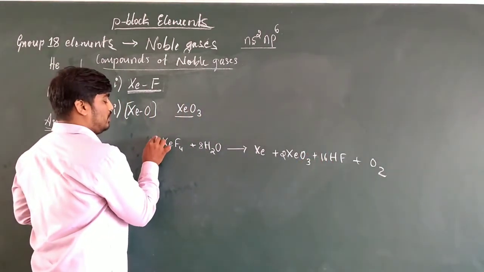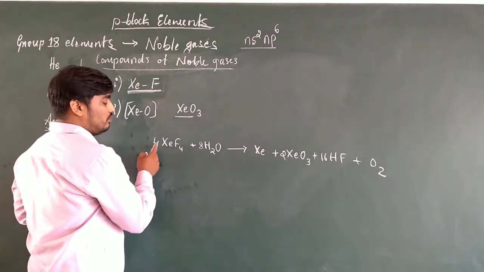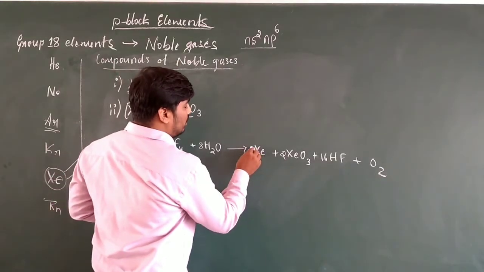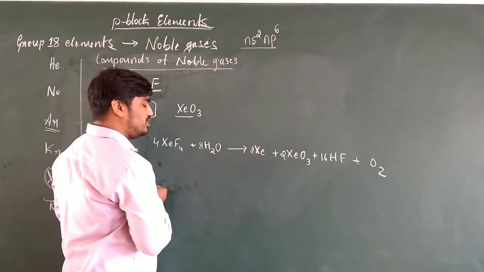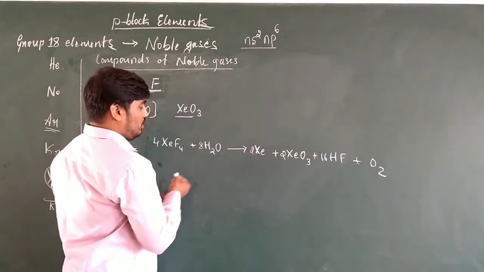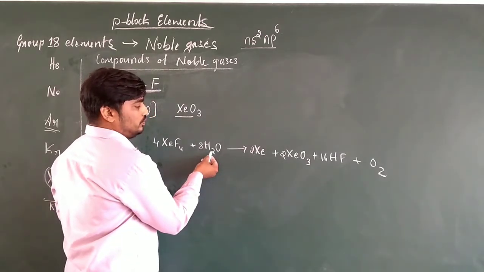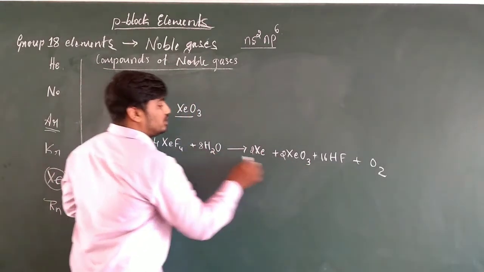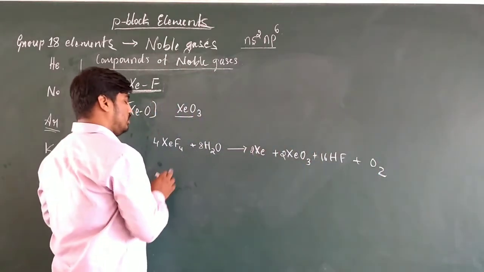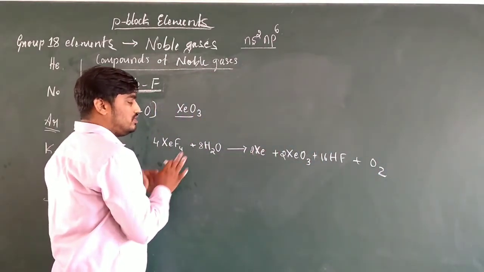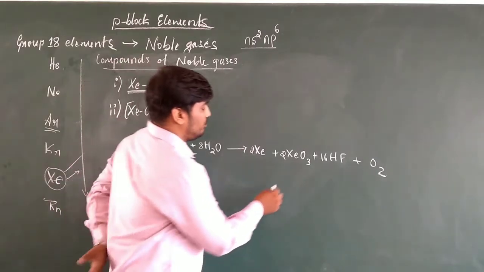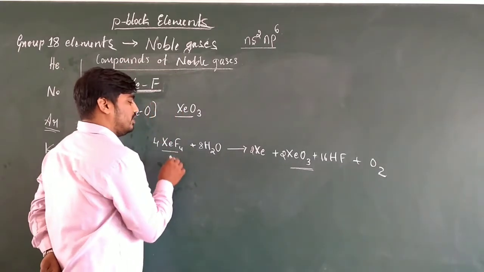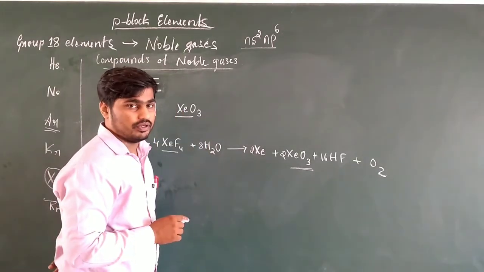Here 4, therefore I multiply by 4. 4 into 4, 16. 4 xenon. Here 2 xenon, so I multiply by 2. Is it balanced? Just observe. Number of hydrogen 8 into 2. Number of oxygen 3 into 2, 6, and 2 here, so 8 is balanced. Fluorine is balanced. So this is the method of preparation of xenon trioxide from xenon tetrafluoride. This reaction is very important from your exam point of view.